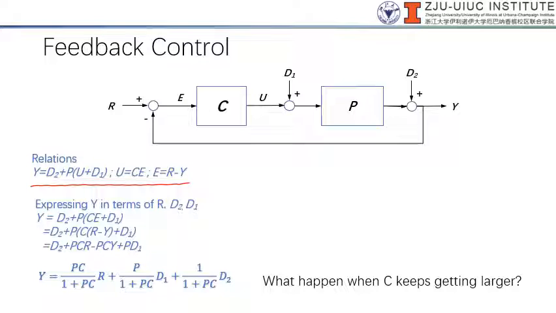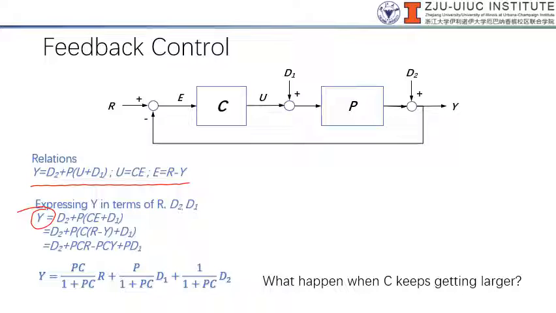And the same thing for the other variables, your u and your e, which is the error. Okay, so now there's a negative feedback that will actually subtract from your reference value to give you the error.